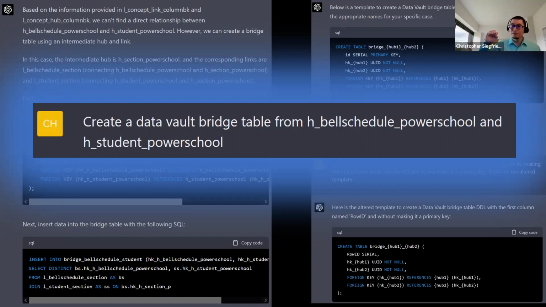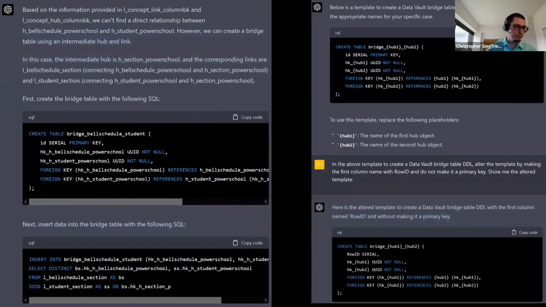And because Data Vault is a mature data modeling system and it's been around for years, GPT is already aware of Data Vault and how Data Vault works. Satellites, hubs, links, no problem. It understands all this. So we don't need to retread that ground. Similarly, it knows what a bridge table is. So when I queue it like this, I say, okay, I gave you some information about a MetaVault. Tell me how to build a bridge table. It is able to.